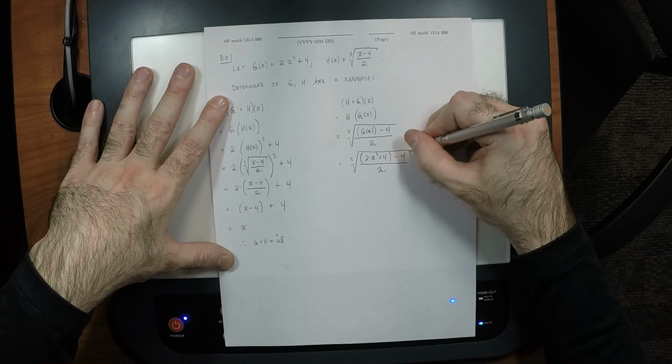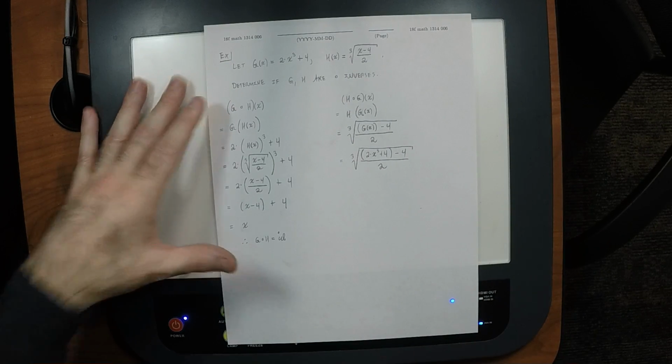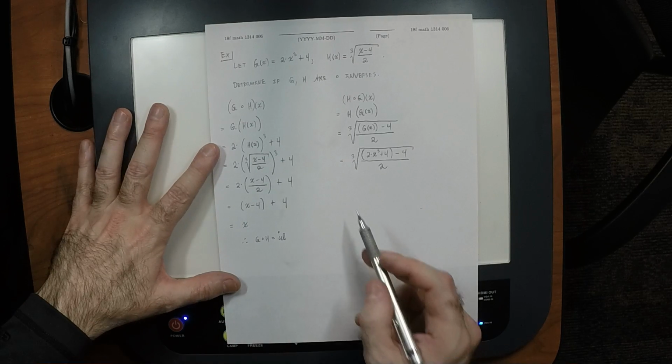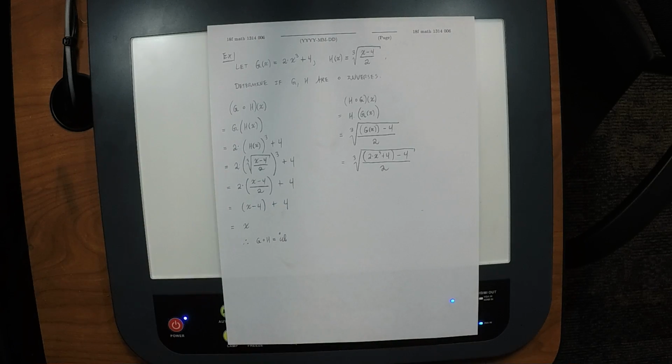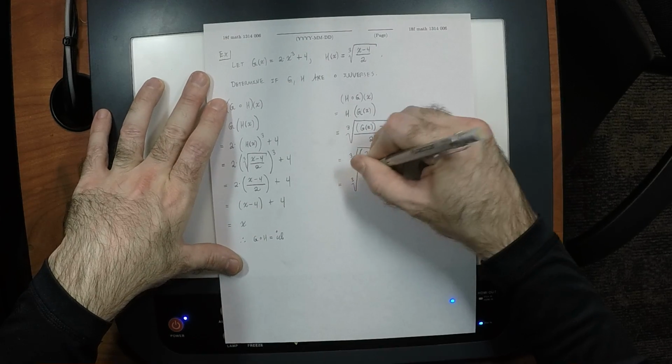Okay. So is there any cancellation? Well, in the numerator, if we drop those parentheses, then the 4's would cancel. Oh. So I'll do that.